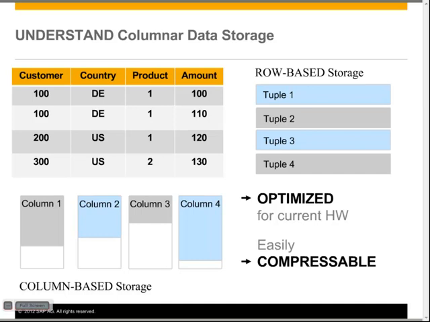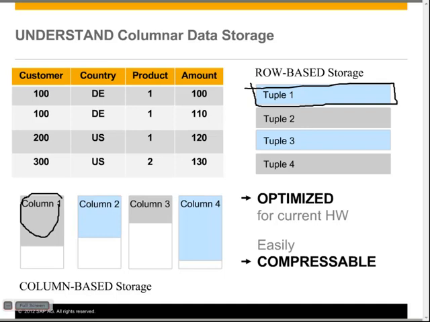So what is the difference? In a row-based storage, rows are stored in tuples. In a column-based storage, the columns contain the information that are in the rows, but they are stored in a different way. We look at customer here. We've got customer ID 100, 200 and 300. We would only store the distinct values in this column: 100, 200, and 300.